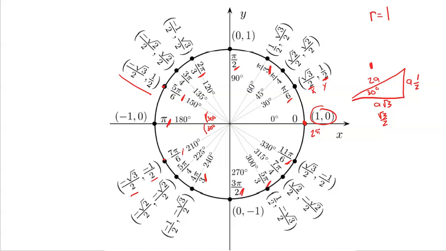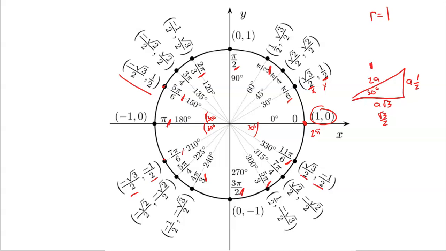Let's also go straight across to 330 degrees. 330 degrees also has a 30-degree reference angle. So notice its coordinates are exactly the same: radical 3 over 2 for x, negative 1/2 for y. And again, the only difference is the y is negative because we're down in quadrant 4.